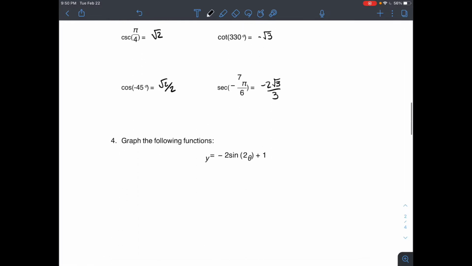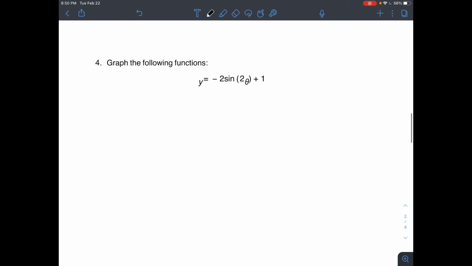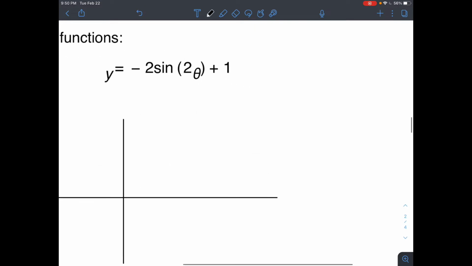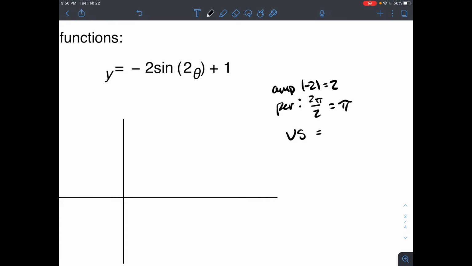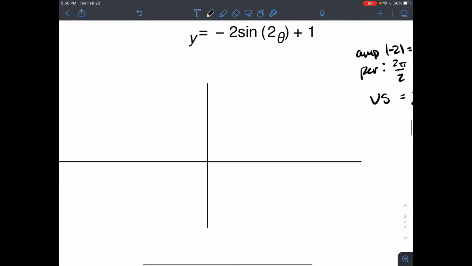Graphing. Let us graph. So let's look at our amplitude. It's going to be 2, our period is 2 pi over b, which is just 2, so our period is equal to pi. We have a vertical shift of 1, and we're dealing with negative signs, so let's not forget that.